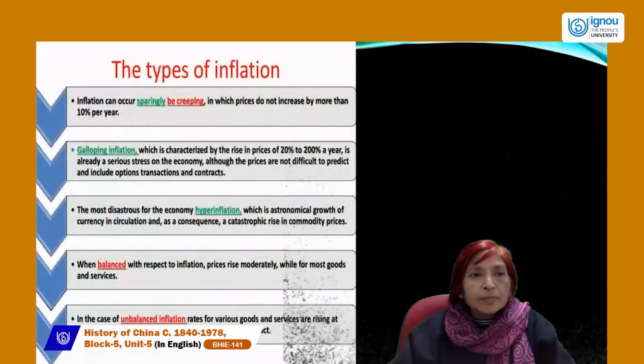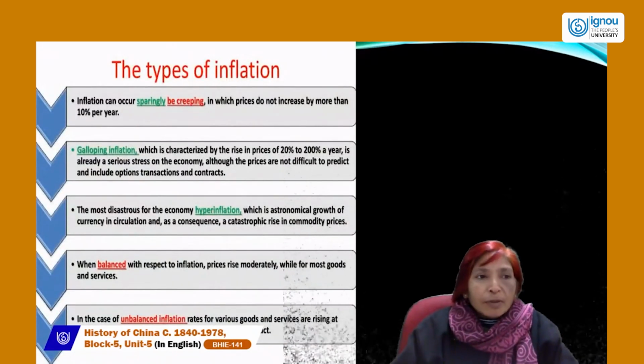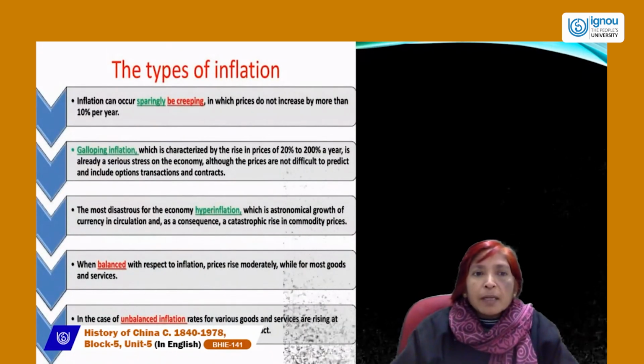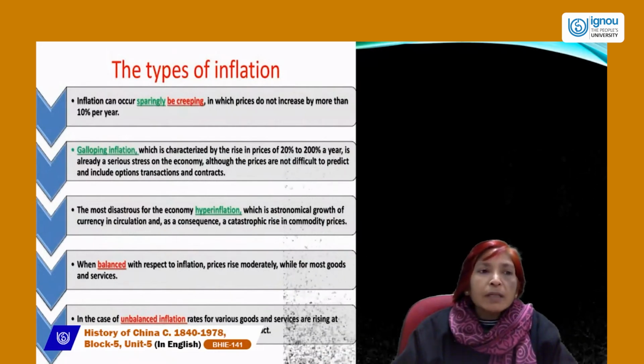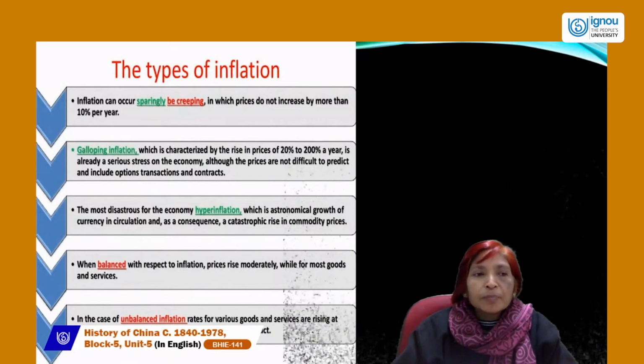Now, next is types of inflation. In this, inflation can occur sparingly by creeping, in which prices do not increase by more than 10% per year.